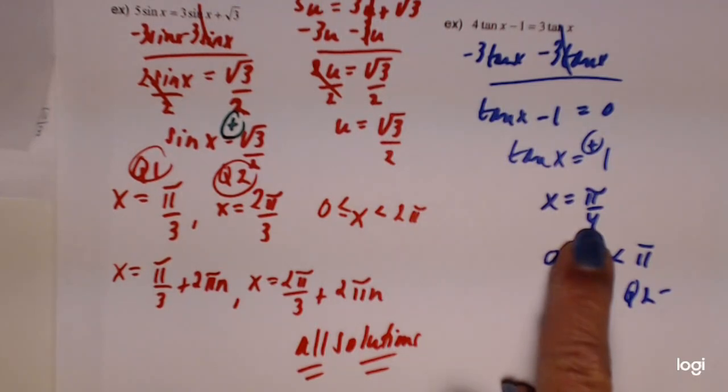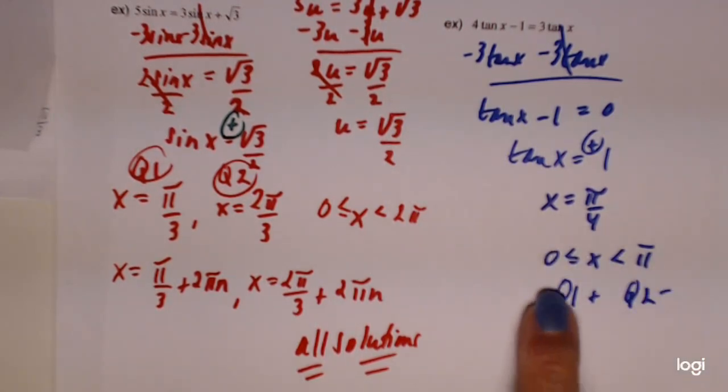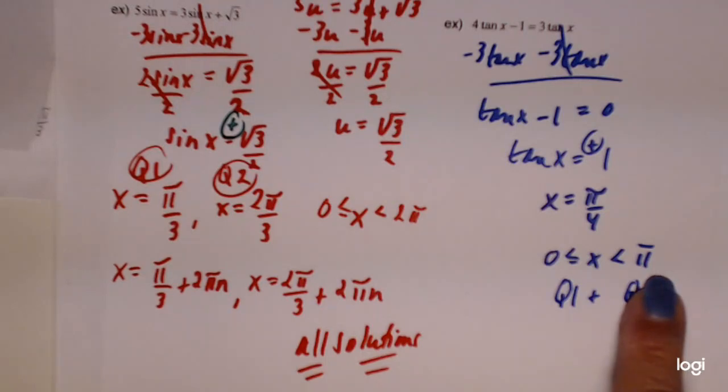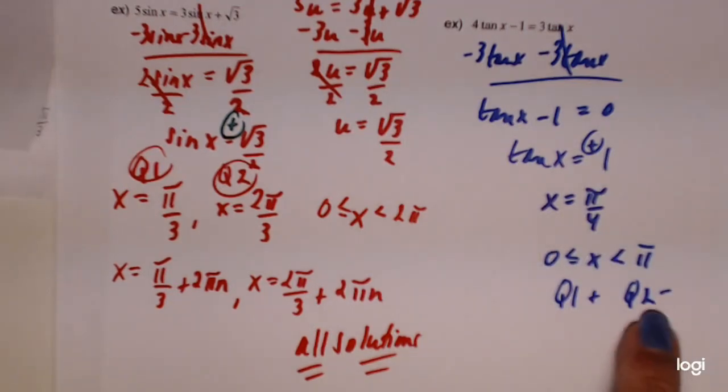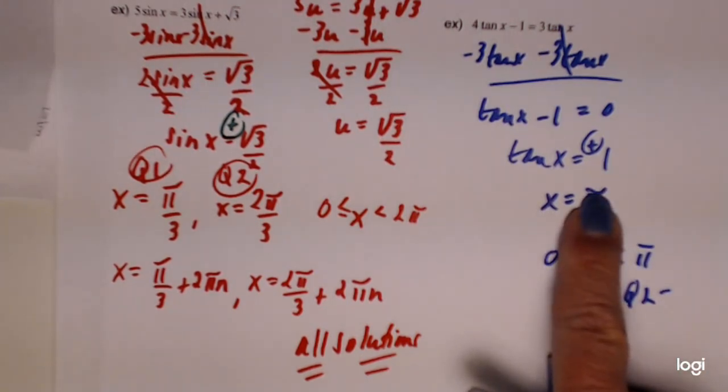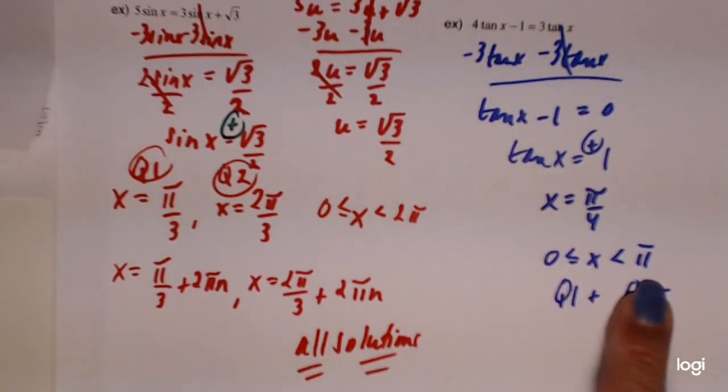We don't have to go looking in another quadrant because we're limiting our period to just 2 quadrants, Q1 and Q2. So if it's positive, Q1 and we're done. If this was negative, we get the angle from Q2 and we would be done. So this is our answer between 0 and pi, which would be our normal period for tangent.